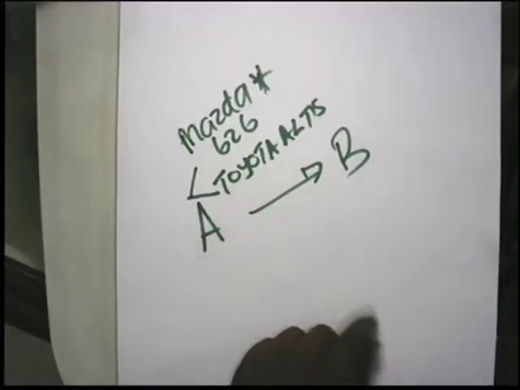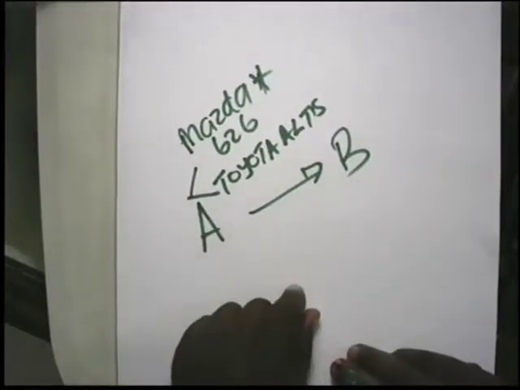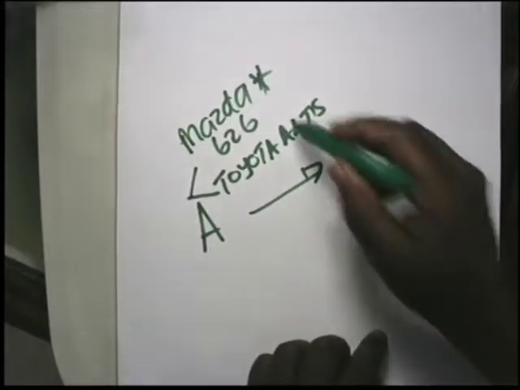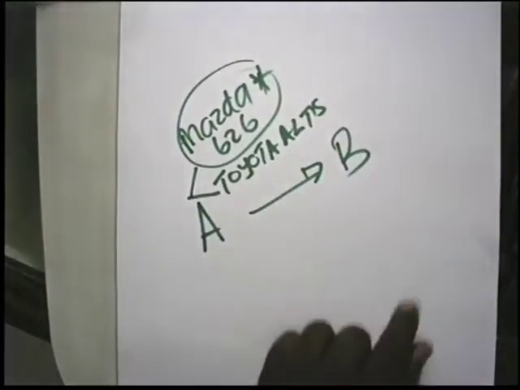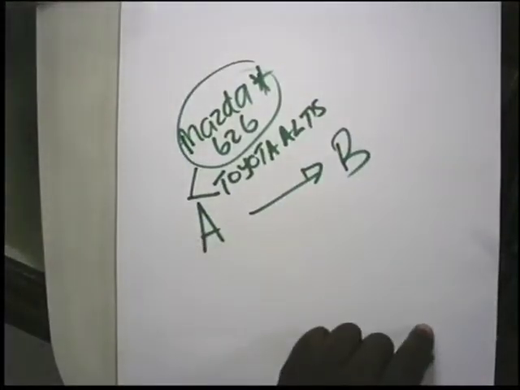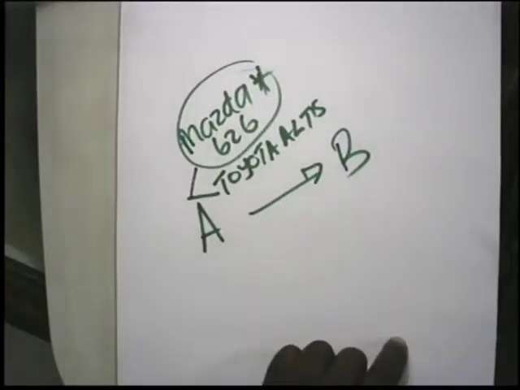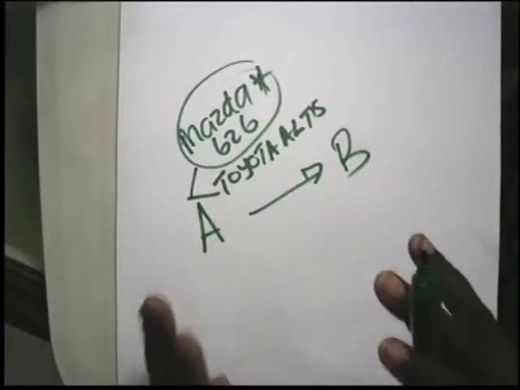So A approaches B and just tells B, I'm selling my car. And because B thinks that A only owns this Mazda, automatically he concludes that A is selling the Mazda. But the fact of the matter is A is not selling the Mazda. He is selling the Toyota. And when that happens, these people's minds are not meeting.